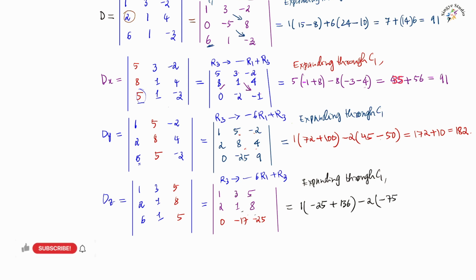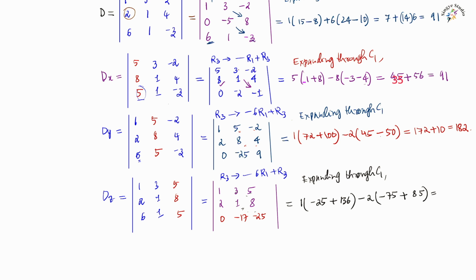Then here negative times negative is positive, and 17 times 5 is 85. And our value will be 136 minus 25 is 111, minus 85 minus 75 is 10, right? Times 2 is negative 20. So it will be 91 again, okay?